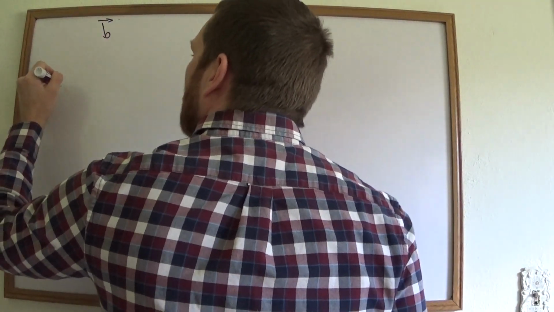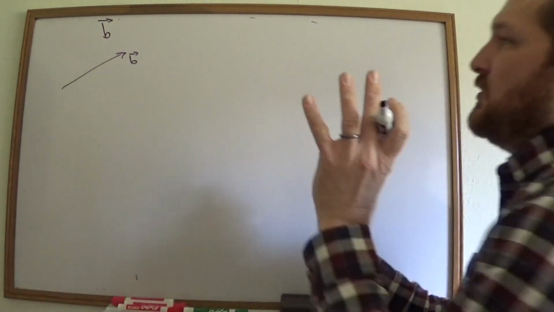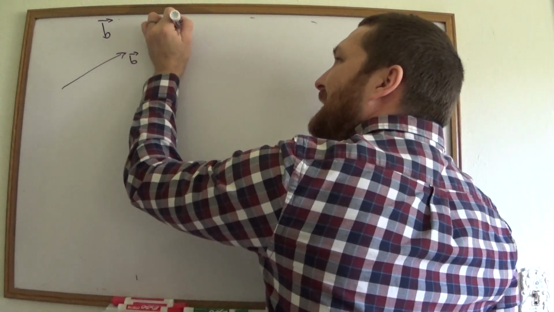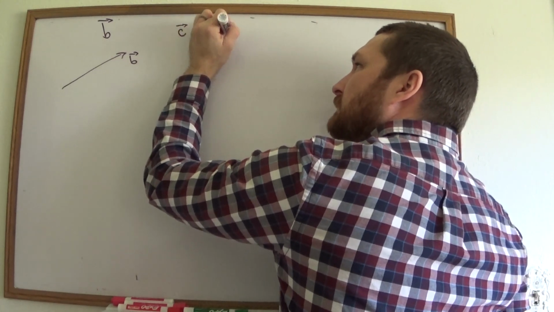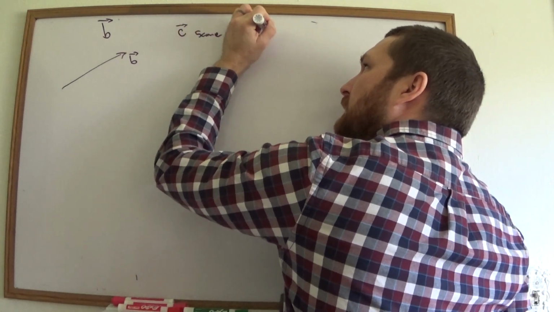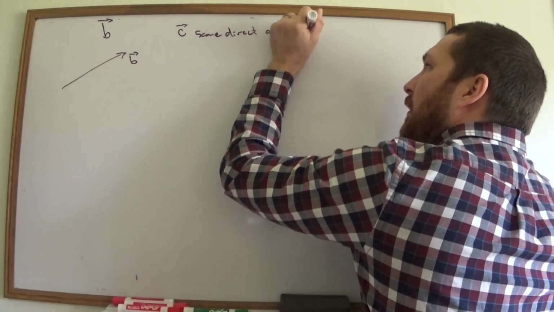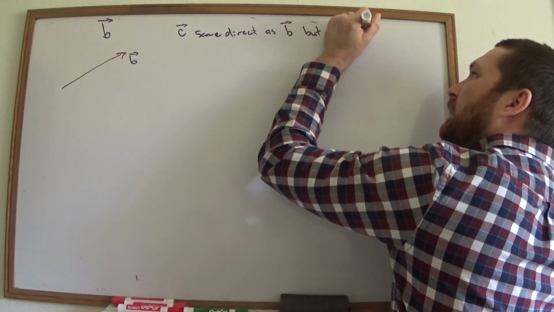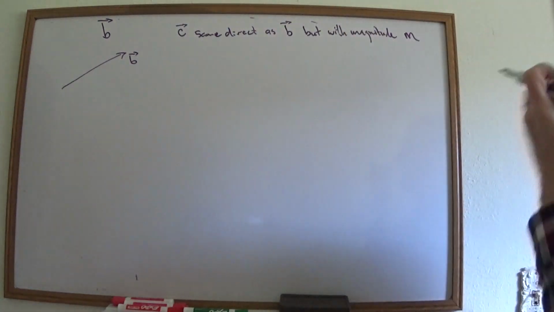Here's your vector B. What we're imagining is, we want a vector C that's in the same direction as B, but with magnitude some given number, let's just say M.